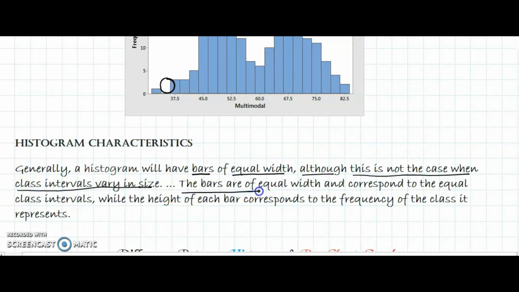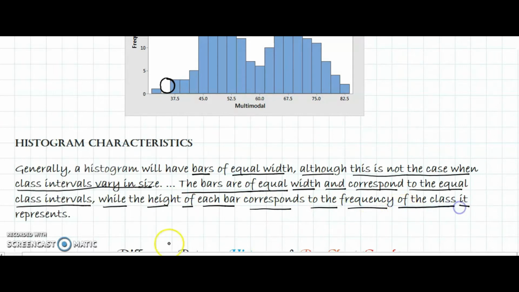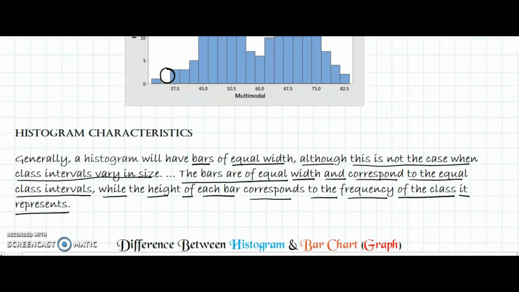The bars are of equal width and correspond to equal class intervals. By using those class intervals, we construct a histogram. Remember, the height of each bar corresponds to the frequency of that class, so that particular class is represented by the height of that bar.